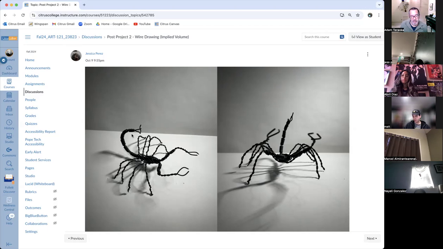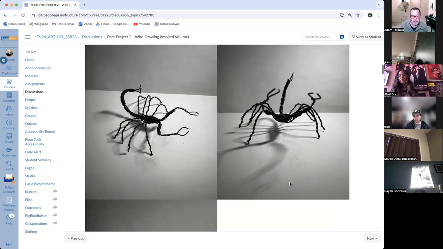So this definitely shows a kind of mastery of the material, and it may not show complete understanding of implied volume, but there are tiny bits of it. So we'll go with that. But anyway, that's a cool project.